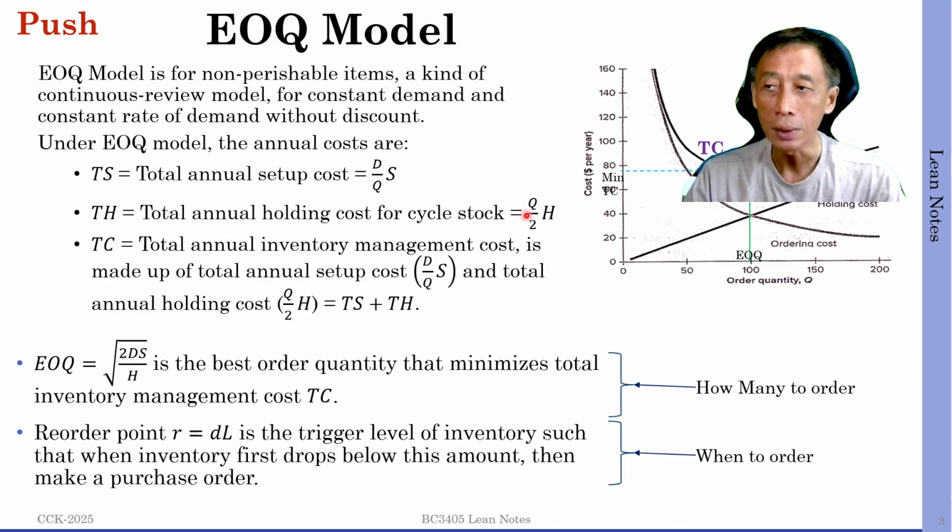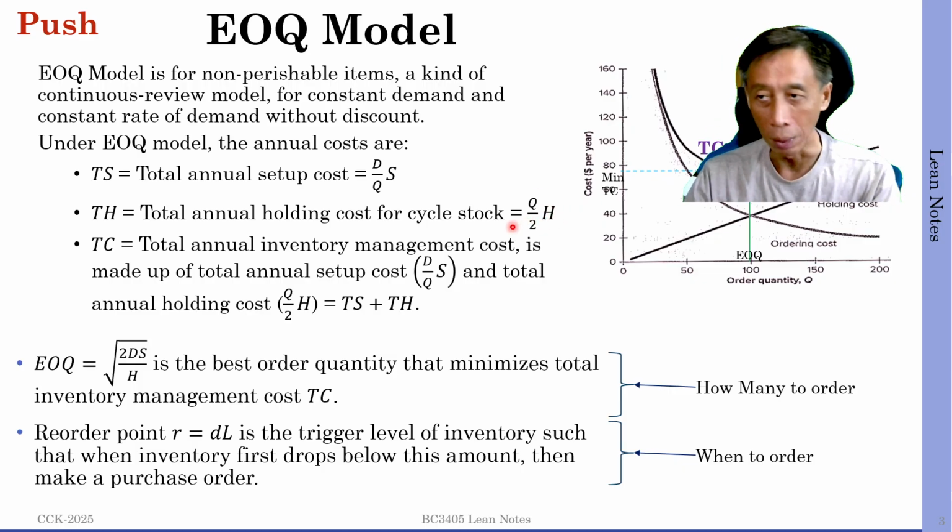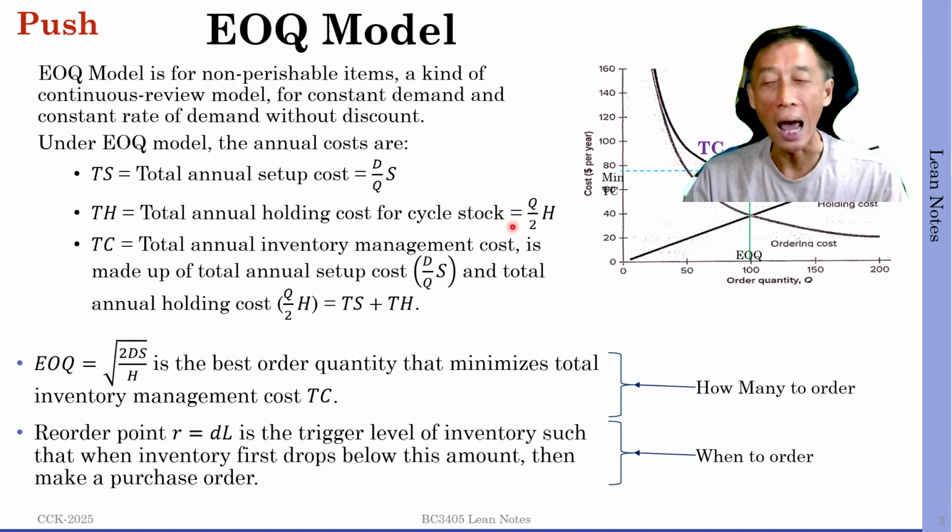So the total annual holding cost for cycle stock, because we do plan to sell them, becomes a gradually depleting kind of inventory. So we take the average inventory over the cycle times the holding cost per unit per year. That means in one year, how much money do we pay to hold the average amount of tires? You cannot walk into the warehouse at the start of the triangle saying, "Wow, I have 1,000 tires.